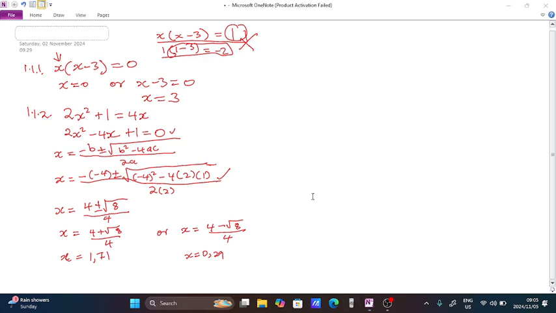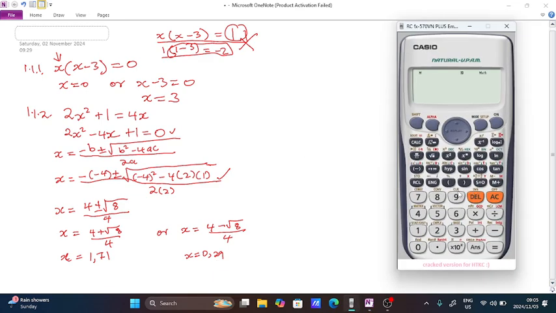So let's check quickly if we get the same thing. Here we'll say 4 plus the square root of 8 all over 4. Then if you check, that is 1,71.